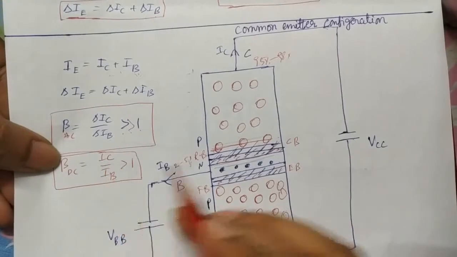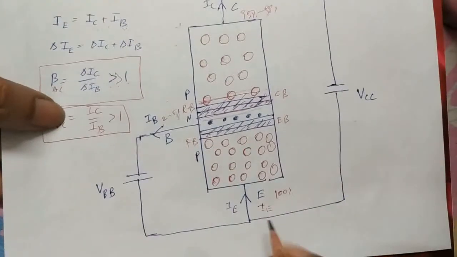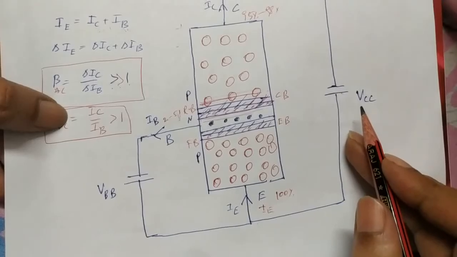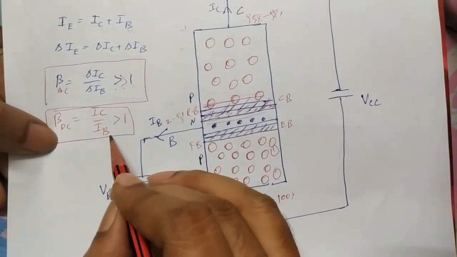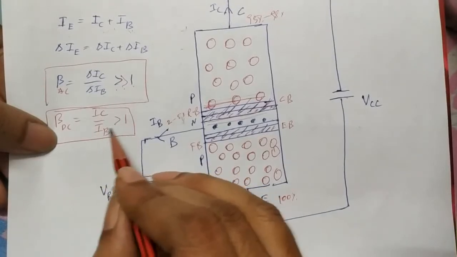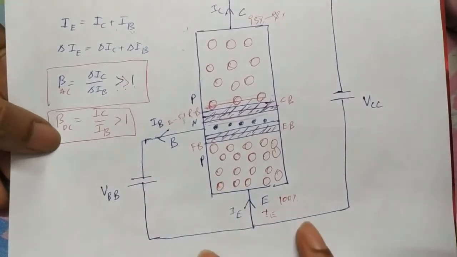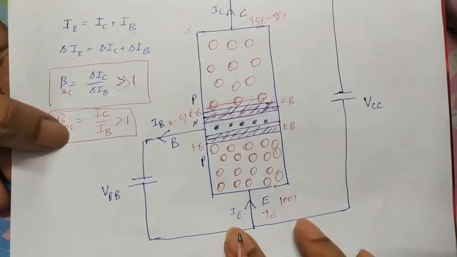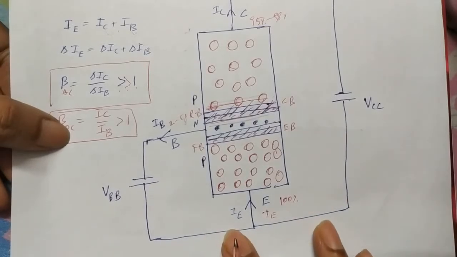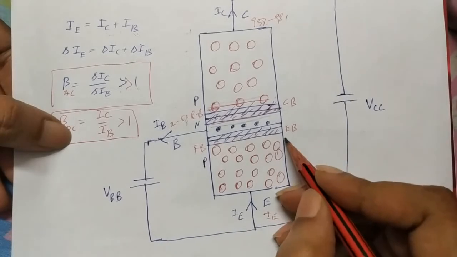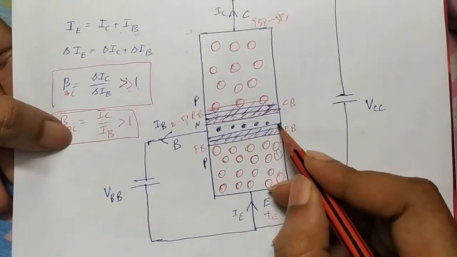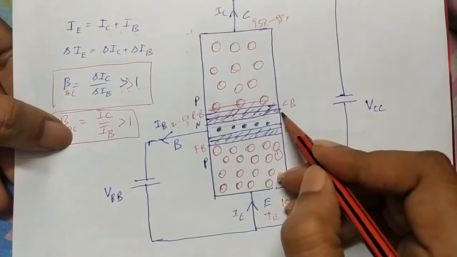In common emitter configuration, the collector is the output and the base is the input. So IC by IB gives a value greater than 1. We already discussed that common emitter configuration is a better circuit to improve the strength of the signal. That is possible when the emitter-base junction is forward biased and the collector-base junction is reverse biased. That's what you call the active region.